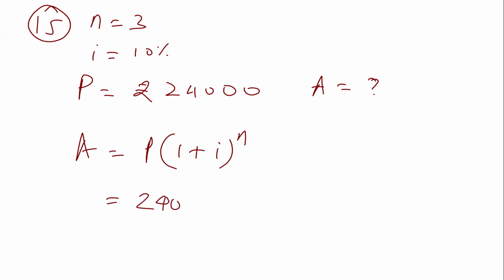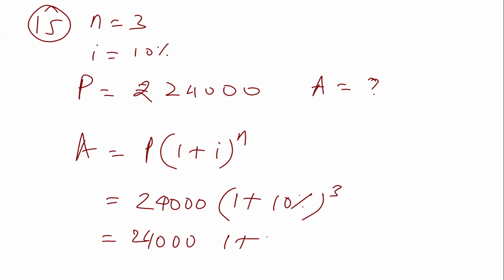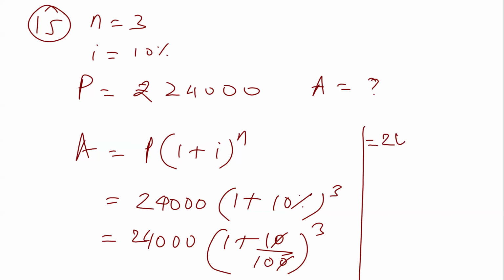A very simple problem. This can be asked for one marker also. 10% raised to N, N is 3. 24,000 into (1 plus 10 upon 100) raised to 3. So this is equal to 24,000 into 11 upon 10 raised to 3, right? So 11 upon 10, that is 1.1 raised to 3.